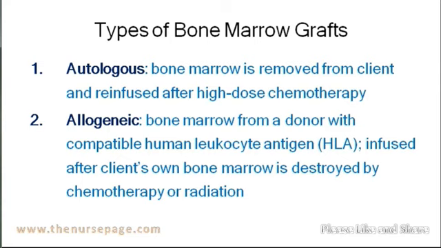Due to heavy chemotherapy and radiation, the bone marrow of the patient gets destroyed. Then the donor bone marrow graft is reinfused to that patient. Autologous means from the same person. Allogenic means from another person.